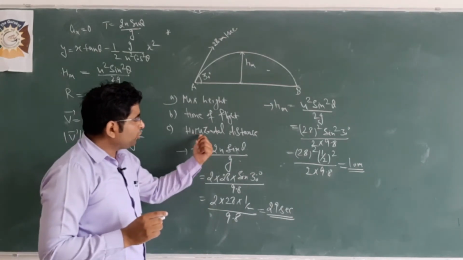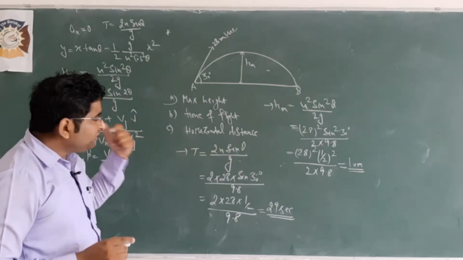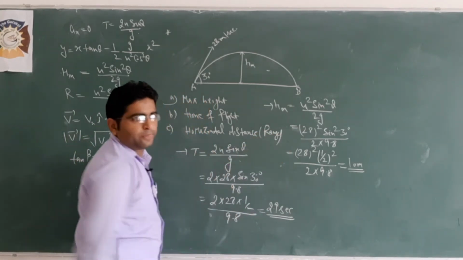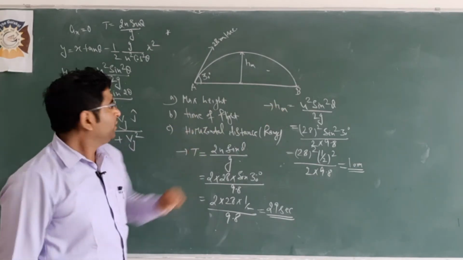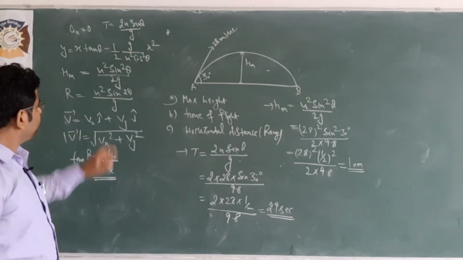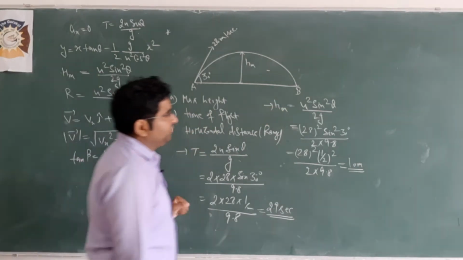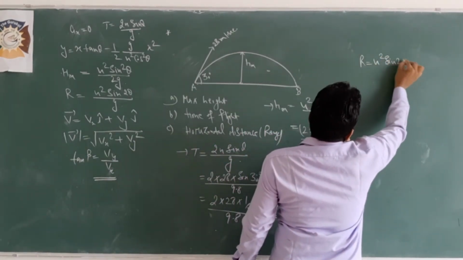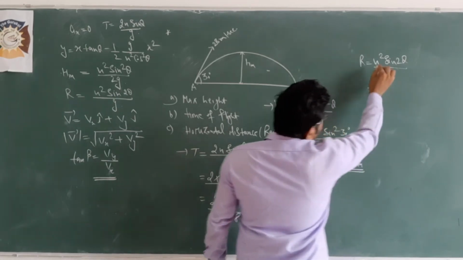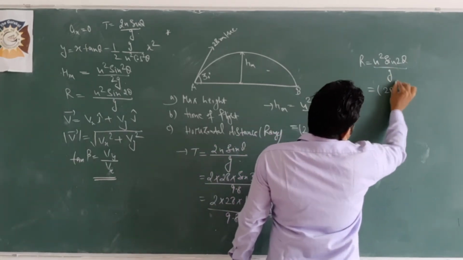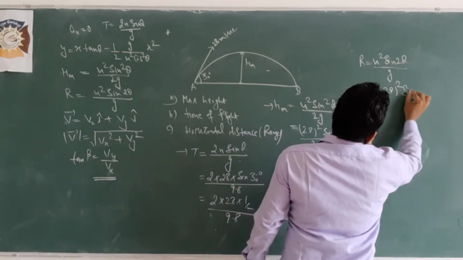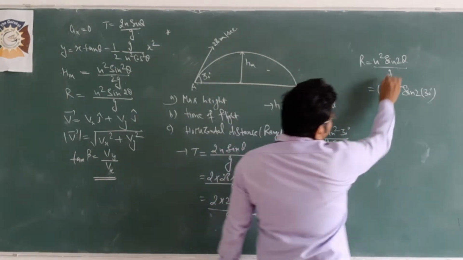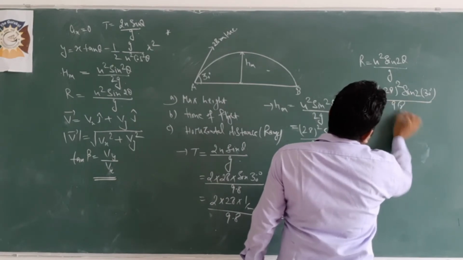And beta, last case, horizontal distance. Horizontal distance means range from point A to B. The expression for range we have is u square sin 2 theta upon g. So beta, u is 28, its square, sin 2 theta, sin 2 into 30 degree, and g is equal to 9.8.